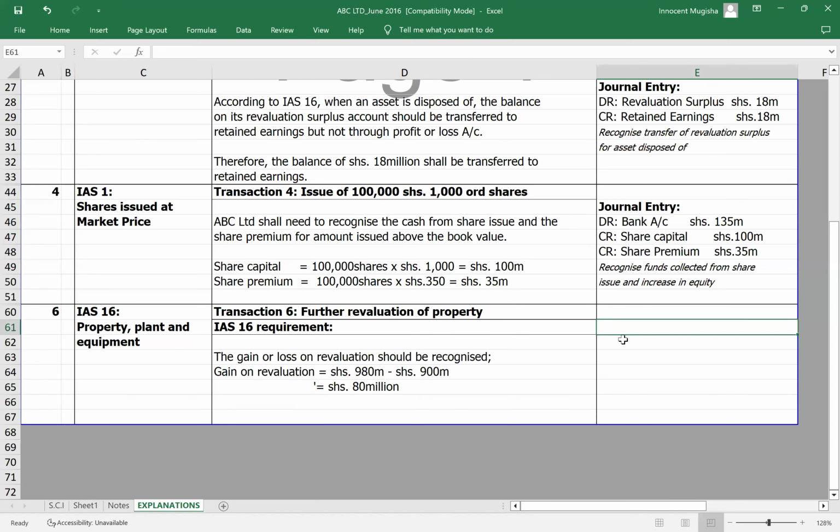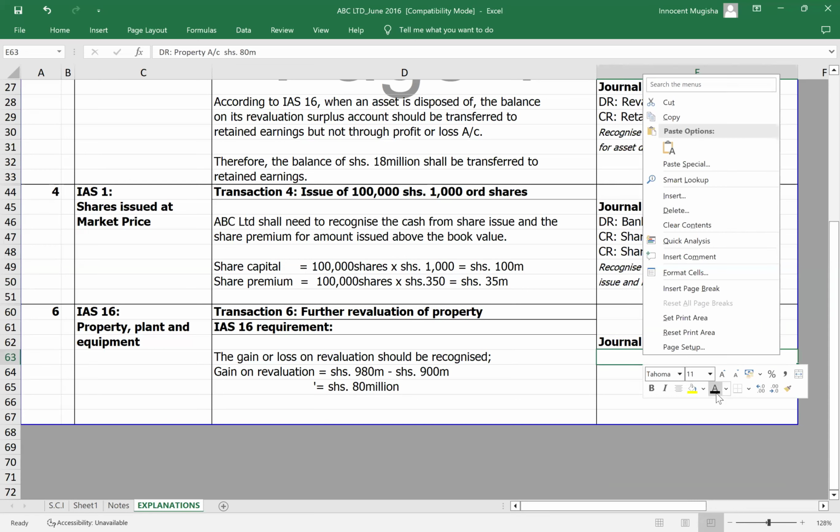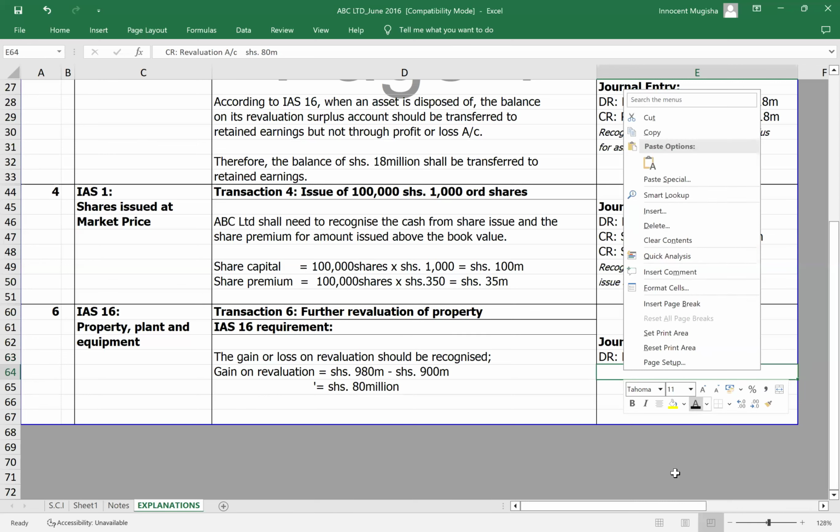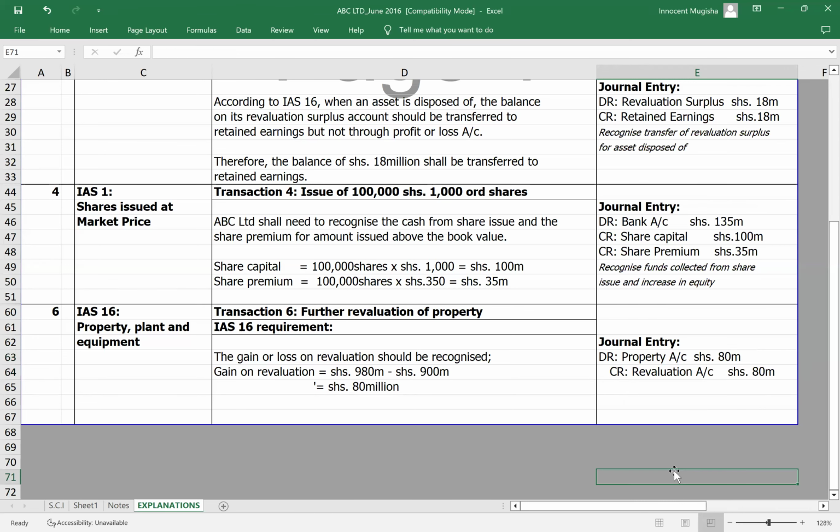So according to IAS 16, if we have any gain on revaluation, it should be recognized on the account of the asset, and also to increase our revaluation account, or revaluation surplus account, with the same amount. So we debit the property account with 80 million and credit the revaluation account with another 80 million.